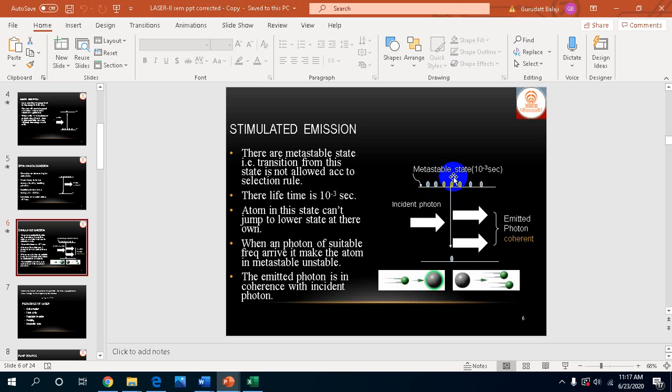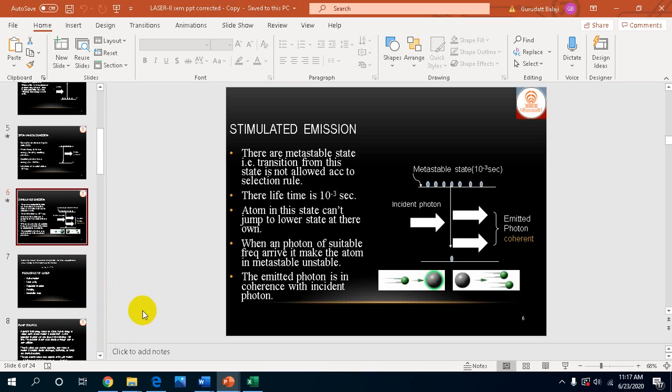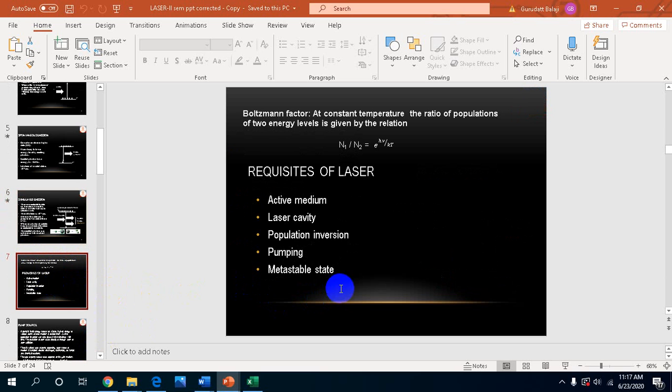When a photon of suitable frequency arrives, it makes the atom in the metastable state unstable. Then the atom makes a transition from the higher to the lower energy by emitting a photon. That emitted photon is in coherence with the incident photon. This is the main reason how the laser functions. So these are the three different processes of the laser.